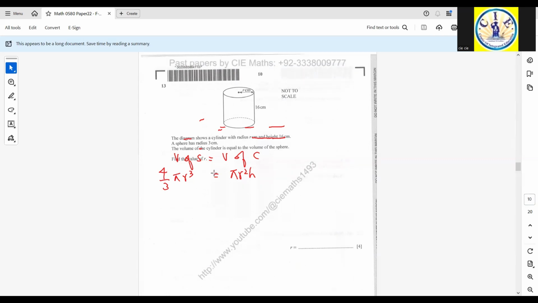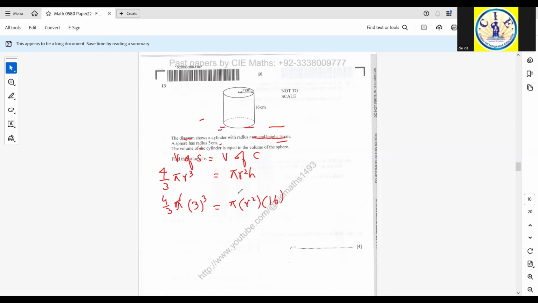The sphere has a radius of 3 centimeter, and the cylinder has a height of 16 centimeters. So 4 by 3 pi times 3 cubed is equal to pi times radius squared, that is r squared, times height, that is 16.